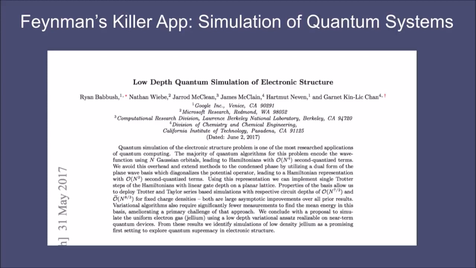And it will be what Feynman already identified early on. Feynman's killer application is actually a simulation of other quantum systems. And you might think, oh, this sounds very inbred, but it's actually very important. If you want to make a better battery, better solar cells, better catalysts for the pharmaceutical industry, on and on and on.